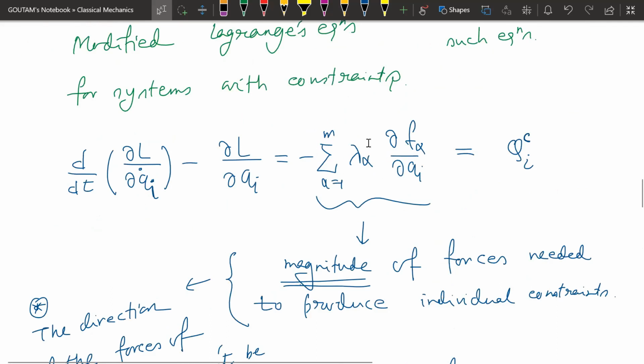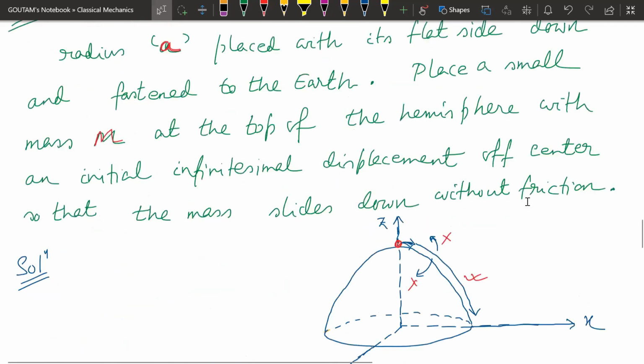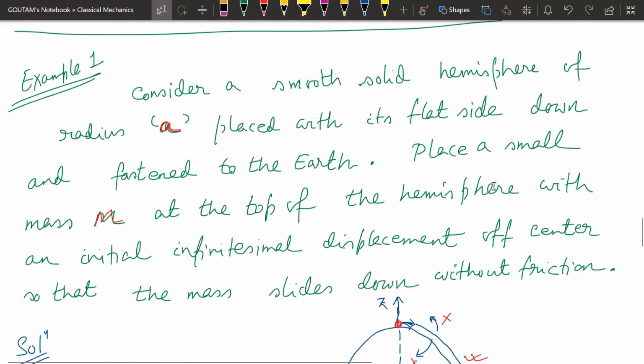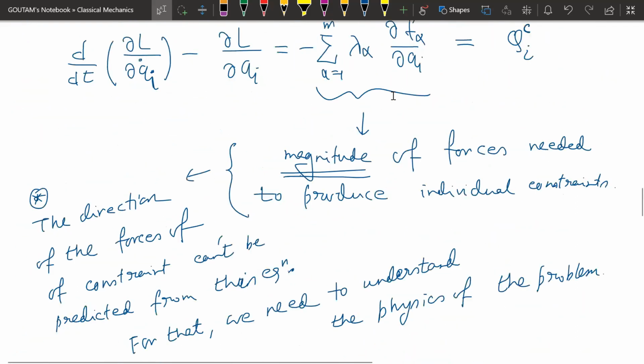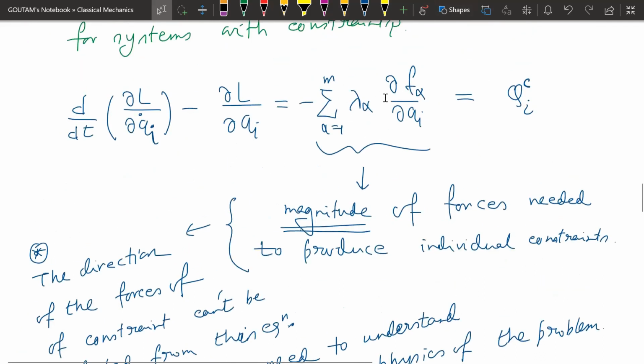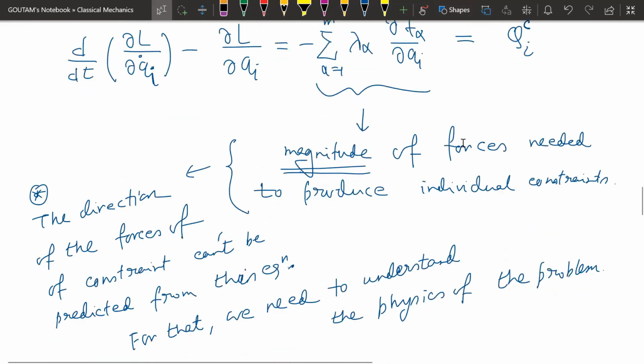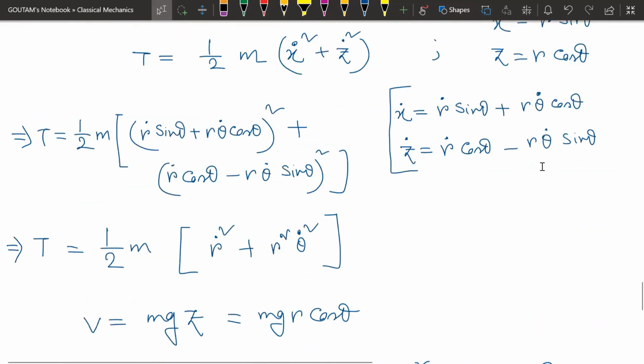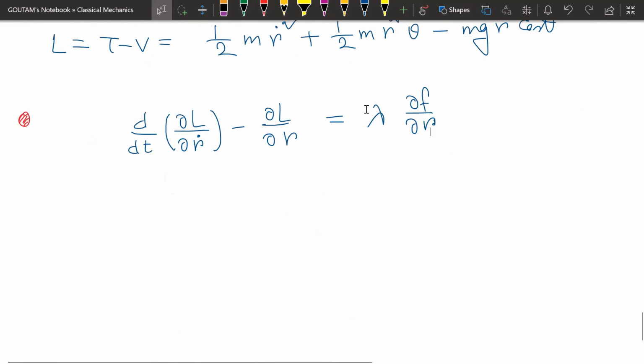We can redefine lambda like minus lambda, so lambda will take care of that. Anyway, we already talked that we are not getting the direction of the force of constraint from this lambda alpha ∂f alpha/∂qi. We will only get the magnitude. So we can write a minus sign here, or we can omit that. That's our choice. But if we are following one convention, we should follow it accordingly.